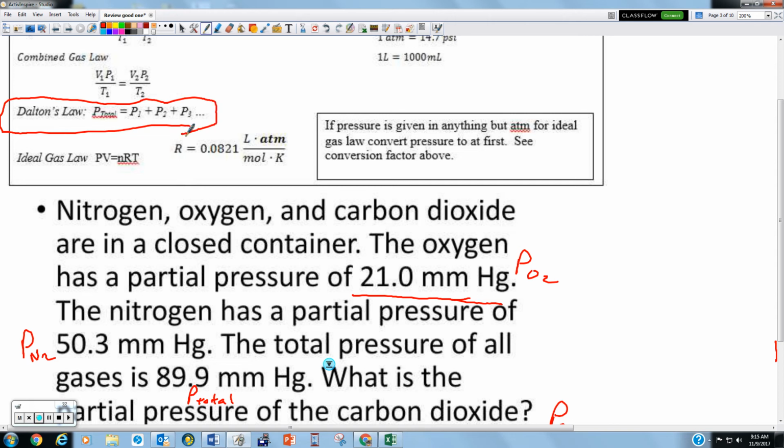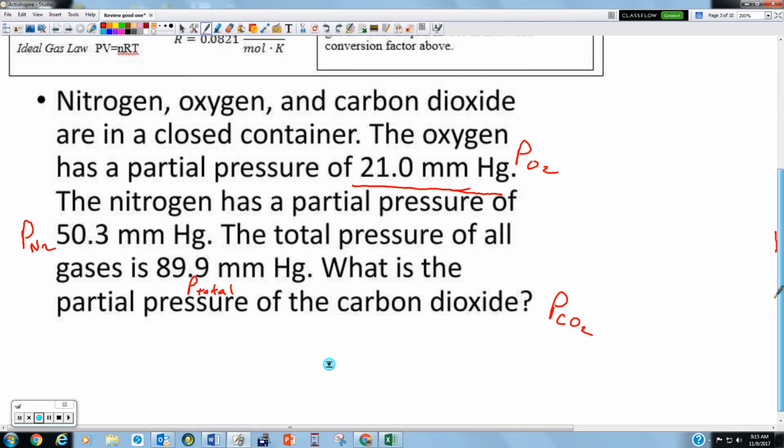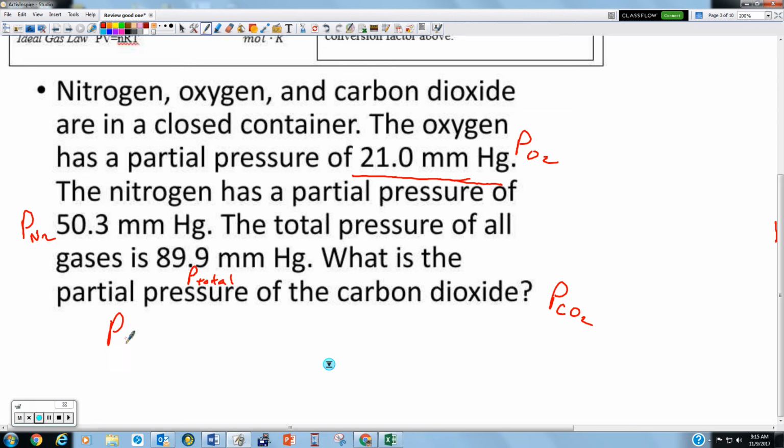All right. Now, the other thing on Dalton, whenever I show it, I only go up to P3, but understand you could have up to 20 gases on there if it really wanted to. I won't do that on the test. I'll do 2 or 3 at most. So we're going to use P total equals P1 plus P2 plus P3, or in this case it would be PO2 plus PN2 plus PCO2.